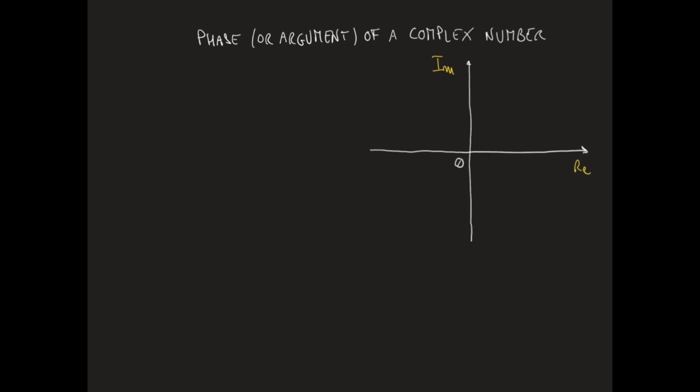So let us consider now a complex number z1, with z1 equal to a plus jb and a negative. Note that if a is negative, then we can write that a is equal to minus the absolute value of a.